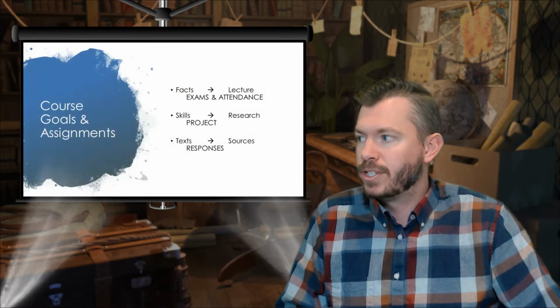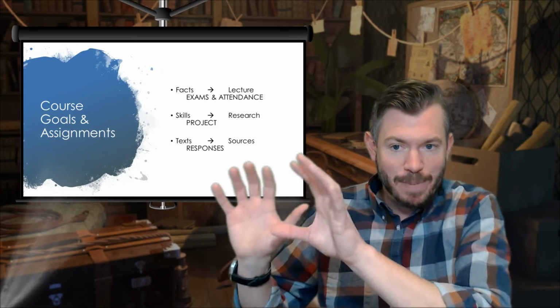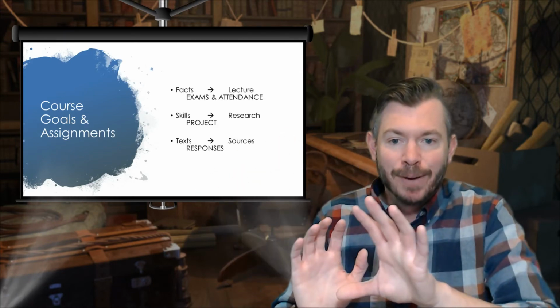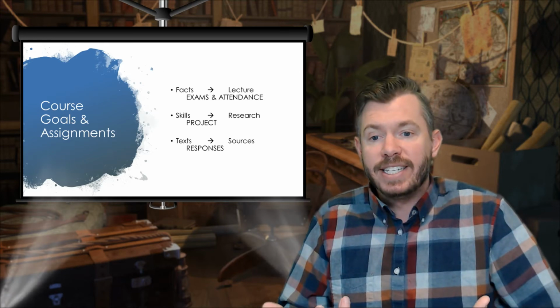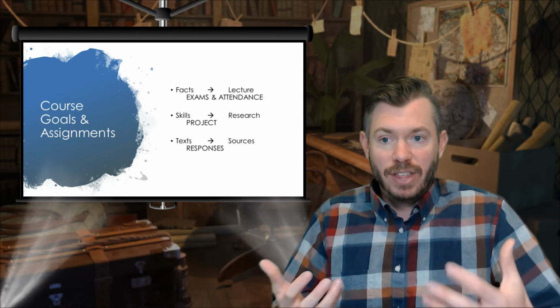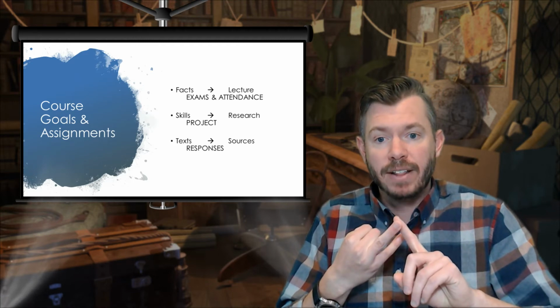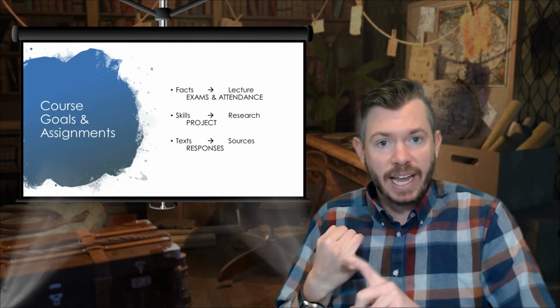Okay, so those are the goals for the course. Let's talk a little bit about the actual assignments that you have to produce. You've seen this chart a couple times now. The facts go with the lecture, and the way that you are going to be assessed on the lectures is 2 things: 1, you have a midterm and a final exam, and 2, I'm going to be taking attendance.